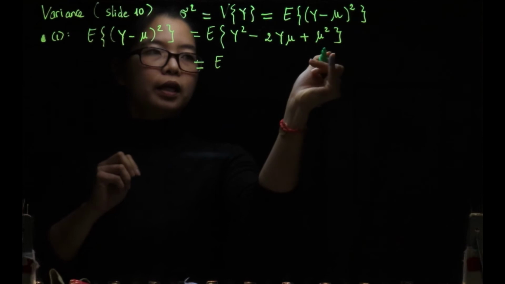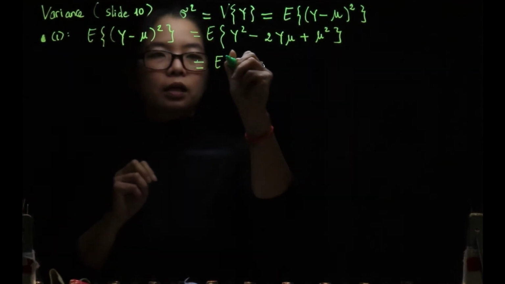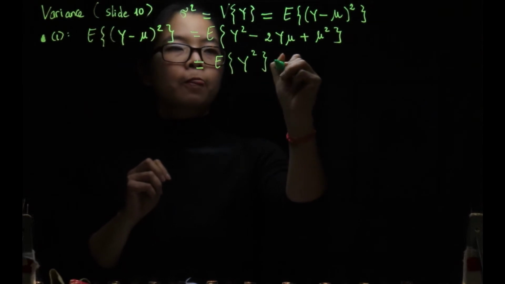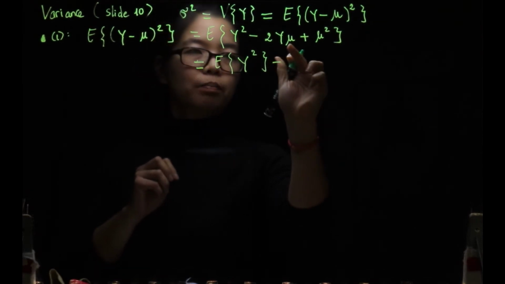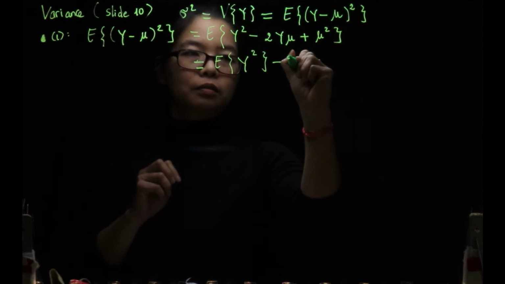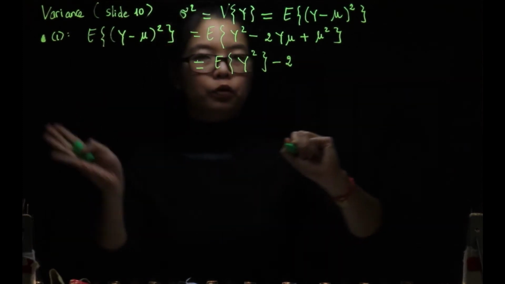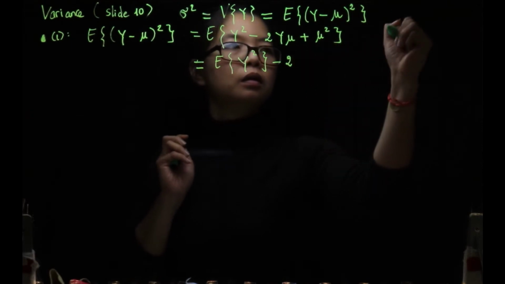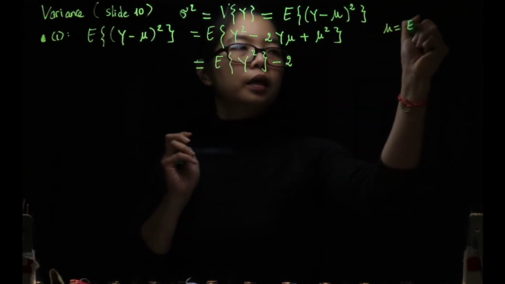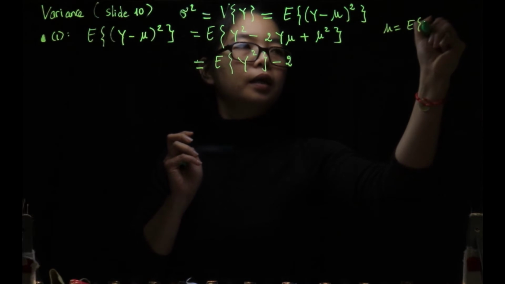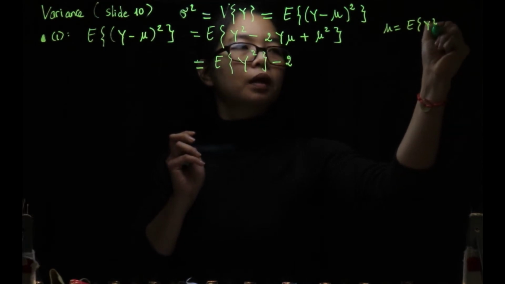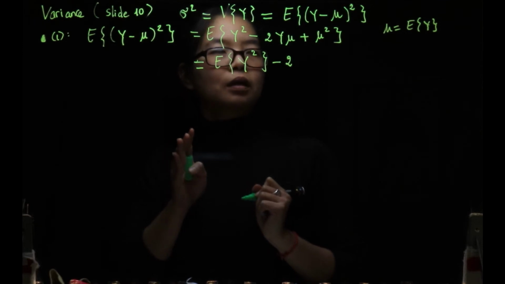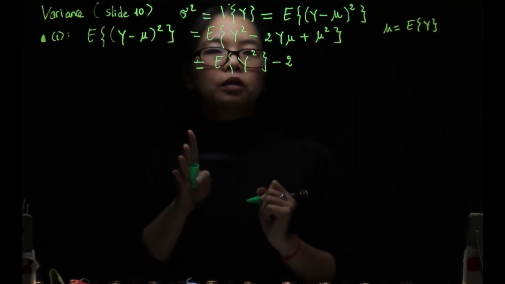So this is all linear because it's just minus or plus, so I could write it again. The expectation of y square minus this part. Now pay attention: 2 is a constant, I can put it out of the expectation operator. Mu, equal to E of y, like I said, is a theoretical parameter of the distribution.